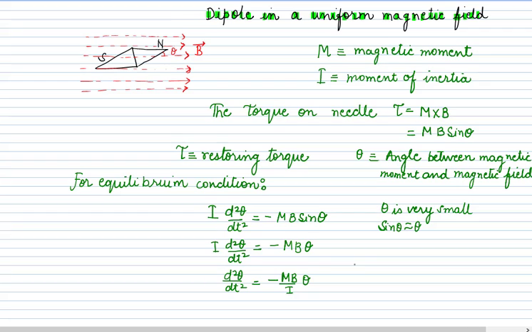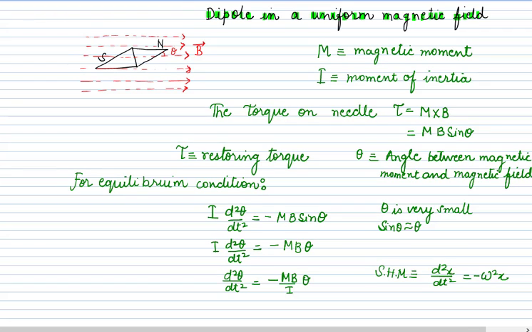Now since it is oscillating, it is performing a simple harmonic motion. So it satisfies the condition of simple harmonic motion, and we know that the equation for simple harmonic motion is written as, if x is the displacement, then d2x upon dt2 is equal to minus omega square x. Here this is not a linear displacement, it is an angular displacement.